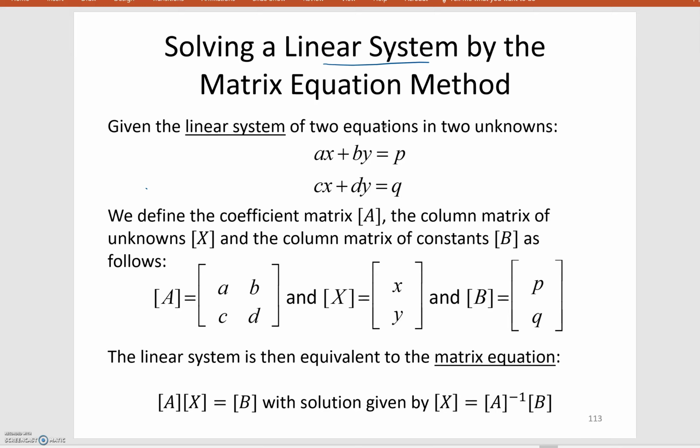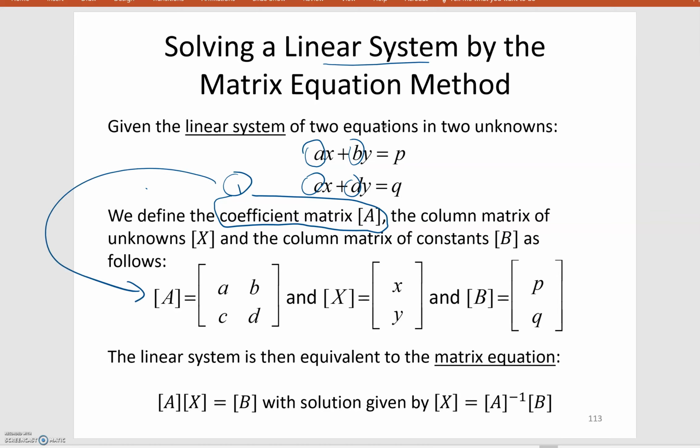Okay, so back to the example. Let's say that you have some 2x2 system, and you organize it so that it looks like this, and now we can form these matrices. As I was saying, the first matrix is the coefficient matrix. The coefficient matrix is just the 2x2 matrix that we get by pulling these coefficients, A, B, C, D, and that's what you see down here. Okay, that's the first matrix. So these are actually numbers.